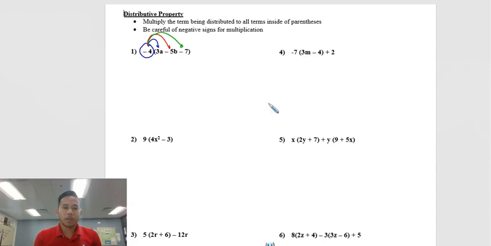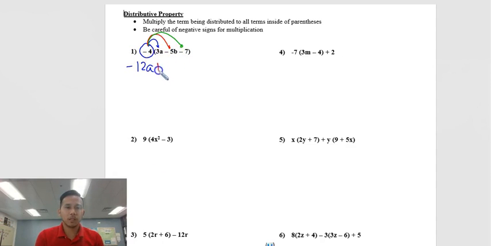Let's start with negative 4 times 3. Because 3 is positive, you have negative 12, and then copy a. Next is negative 4 times negative 5.